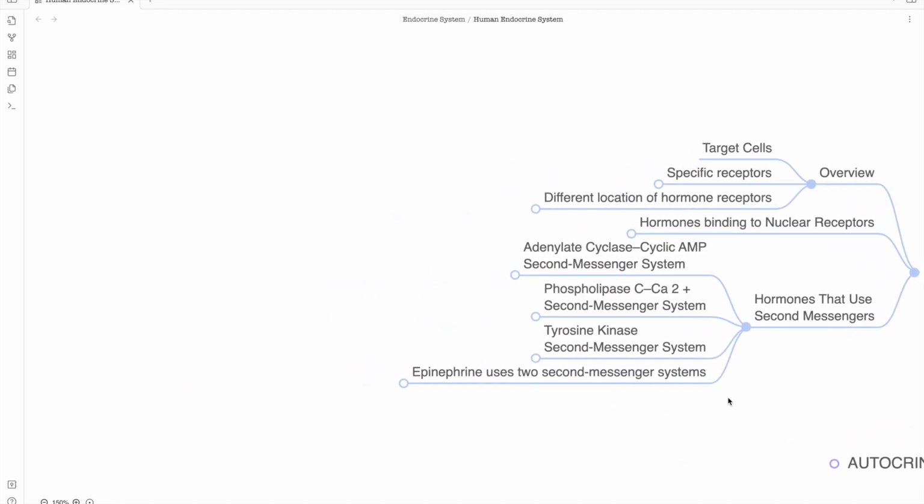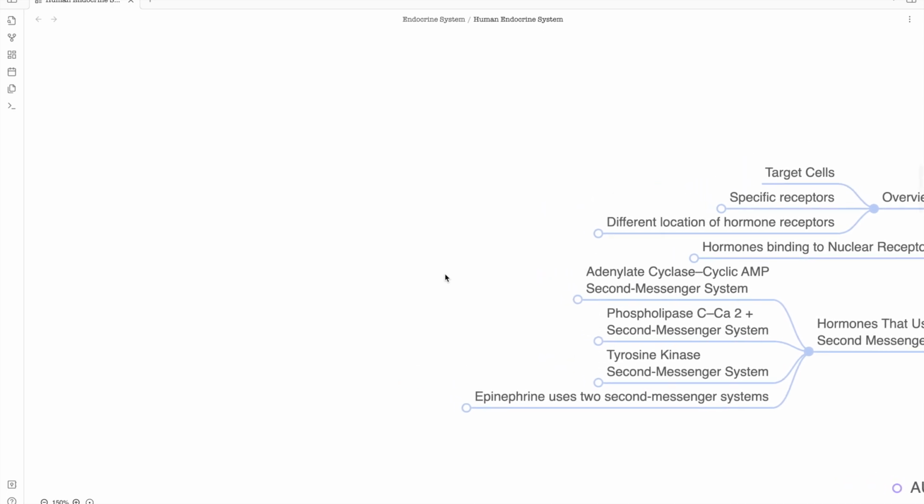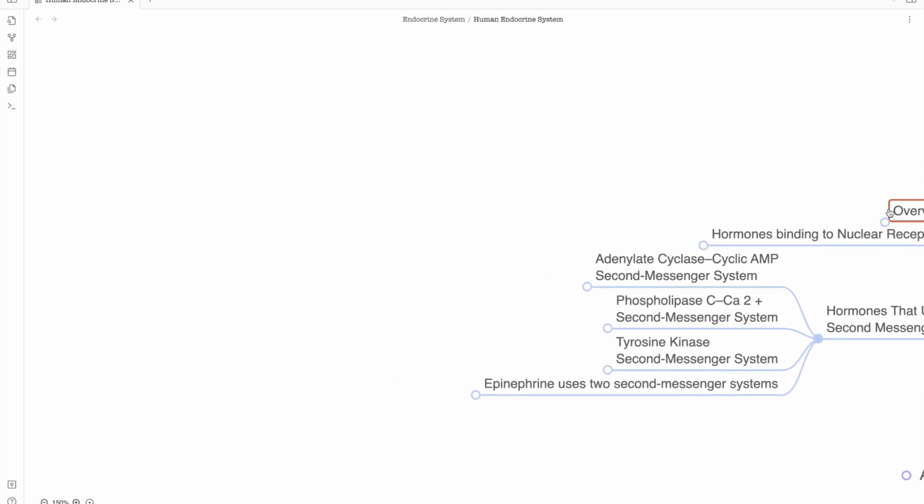So today we are discussing hormones that use secondary messengers for their mechanism of action. And what are the secondary messenger systems? First is the adenylate cyclase, cyclic AMP secondary messenger system. This is very important. I think most of you are quite acquainted with the term G protein or G protein coupled receptor, GPCR.